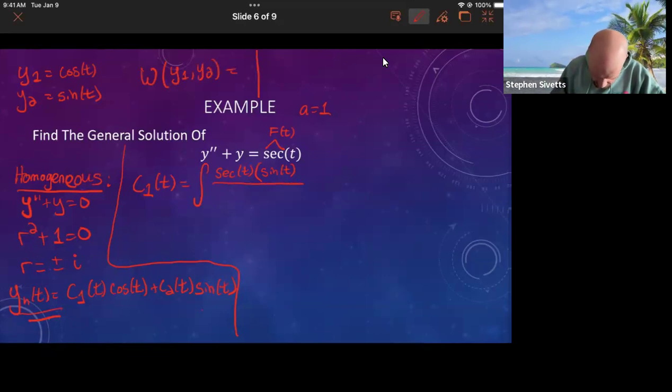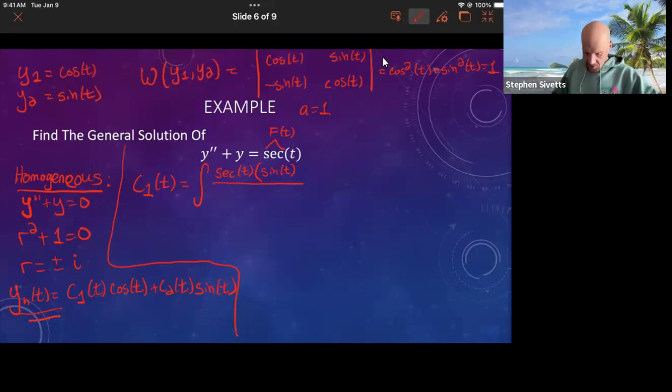So let's compute the Wronskian of y1 and y2 if we don't know how to do those already. y1 is cosine t and y2 is sine t. So we look at the determinant of this matrix, minus sine t and cosine t, which equals cosine squared t plus sine squared t. This is 1.